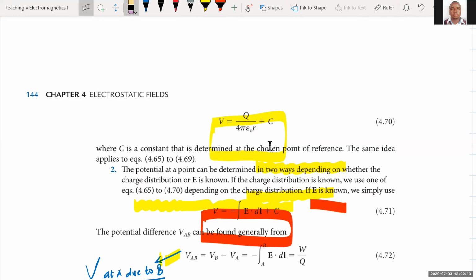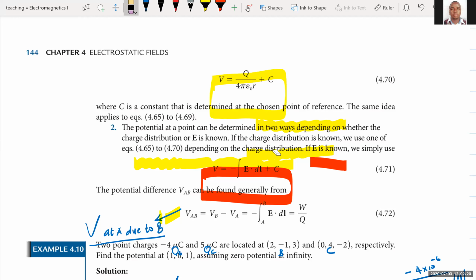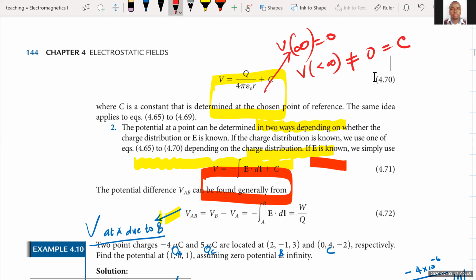We have been saying that the potential at infinity is equal to 0. Therefore, if the point of observation is less than infinity, then it is not going to be equal to 0, and therefore it is going to be equal to a constant. That is what equation 470 is saying.